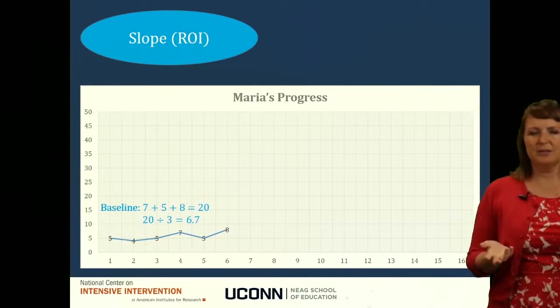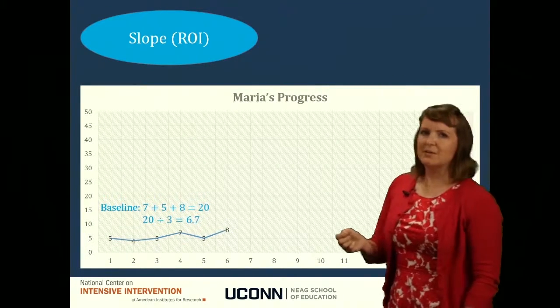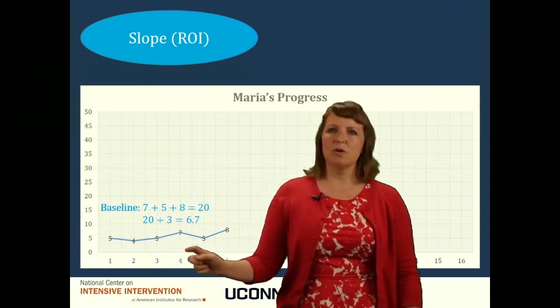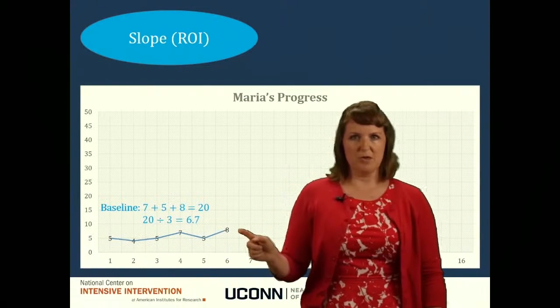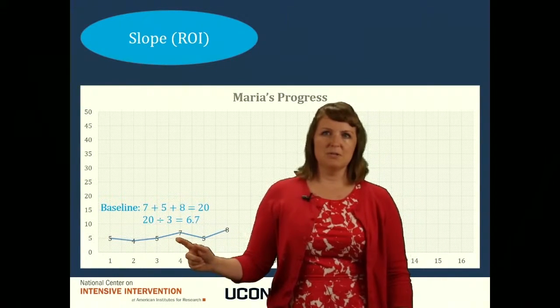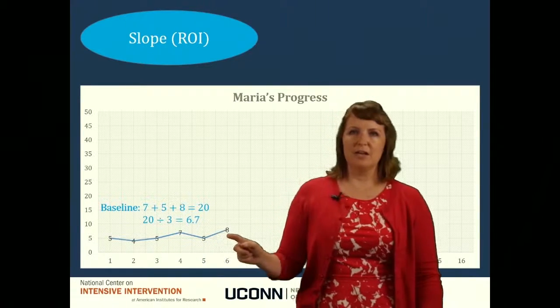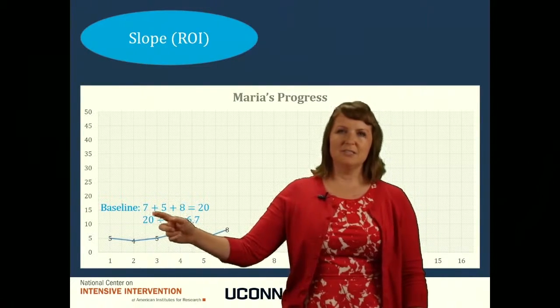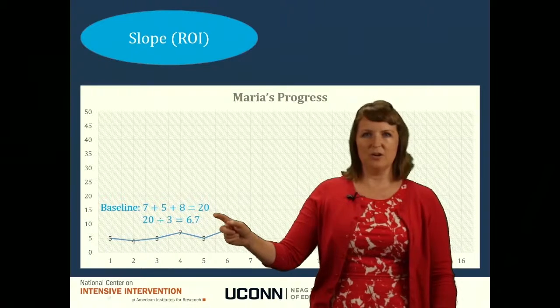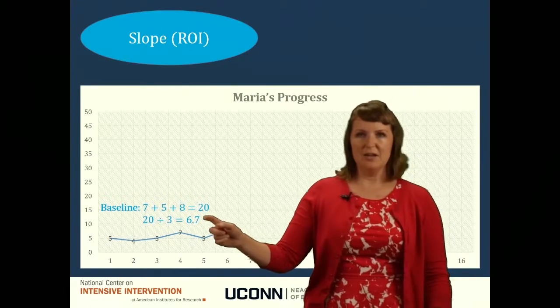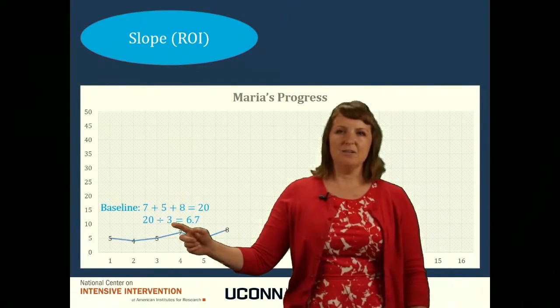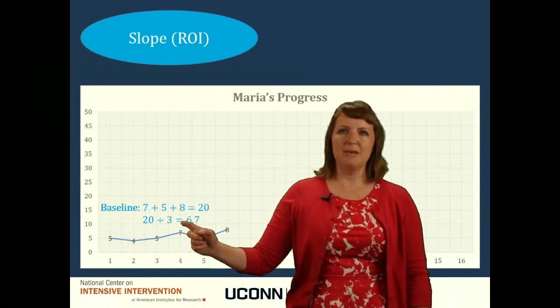Let me show you about calculating baseline. For baseline, I'm going to take the last 3 scores that I gathered for Maria. So her last 3 scores here were 7, 5, and 8. So I'm going to add 7, 5, and 8 together for a sum of 20. And then I'm going to find the average of those scores. That'll be my baseline score.